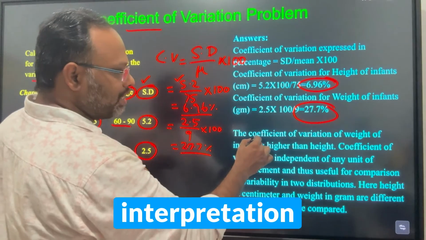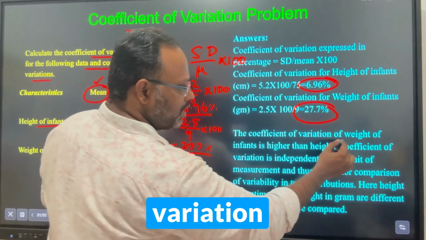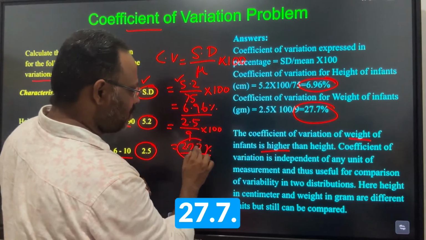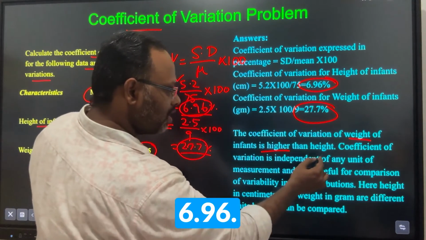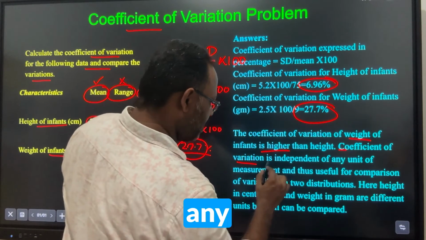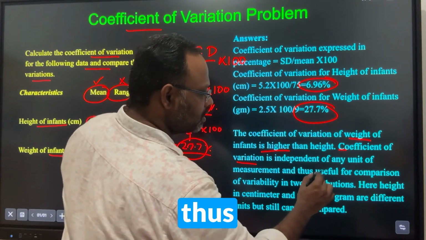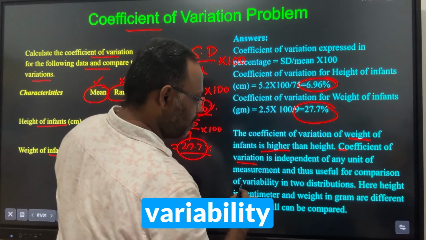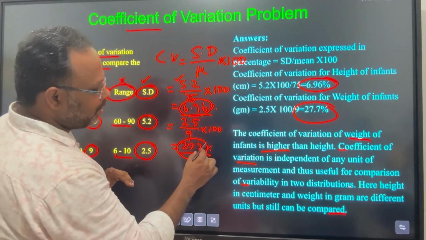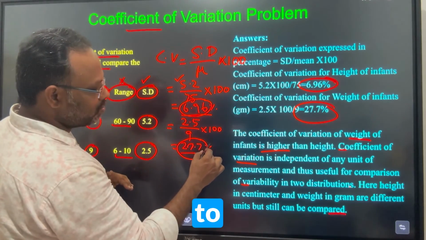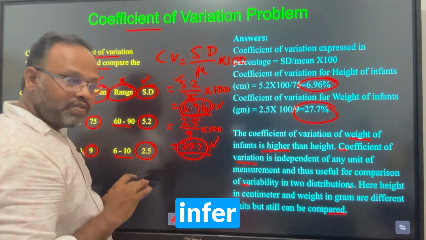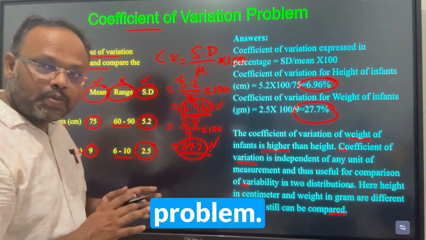So we need to write the interpretation as: the coefficient of variation of weight of the infant, 27.7, is higher than that of the height, 6.96. Hence the coefficient of variation is independent of any unit of measurement and thus useful for comparison of variability in two distributions. So we compare between the height and the weight, and we say weight is more variable when compared to the height. So that is what we are going to infer from this problem.